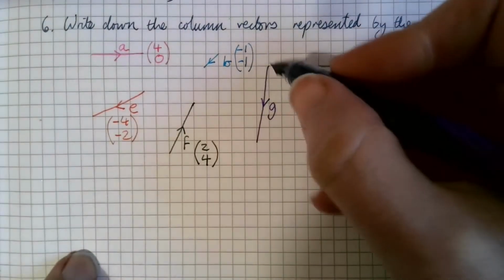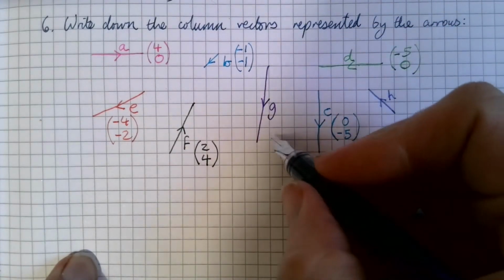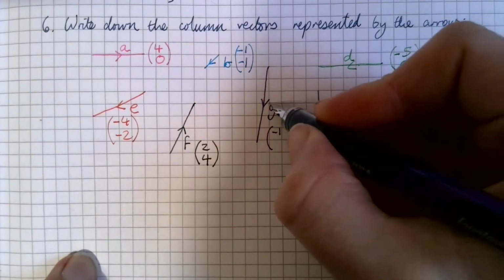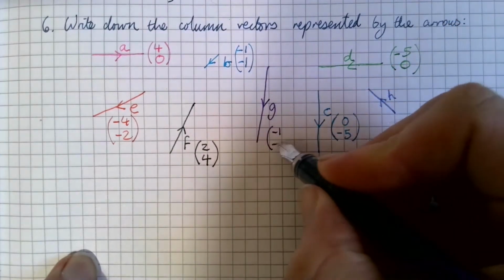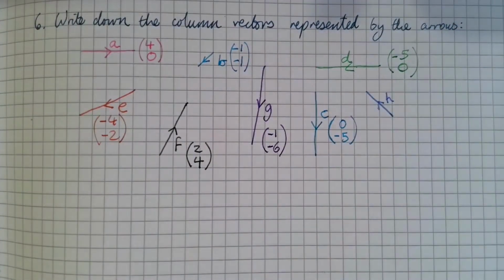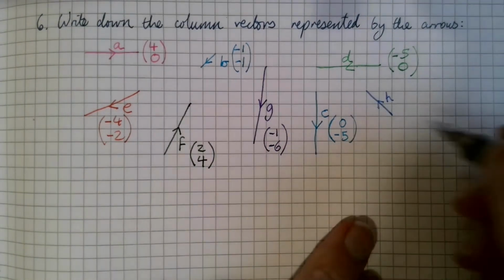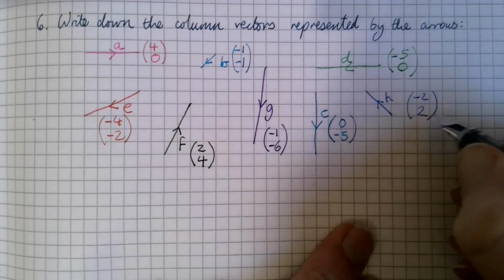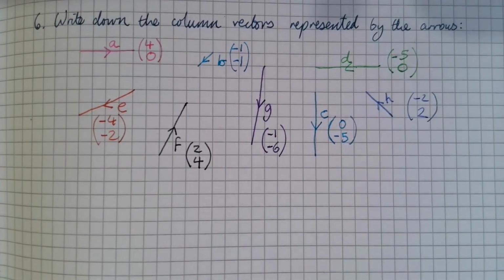G, the purple vector, goes 1 to the left, so that's -1, and it goes down 1, 2, 3, 4, 5, 6, so that's -6 as well. And H is 2 to the left, which is -2, but it's 2 up, which is +2.